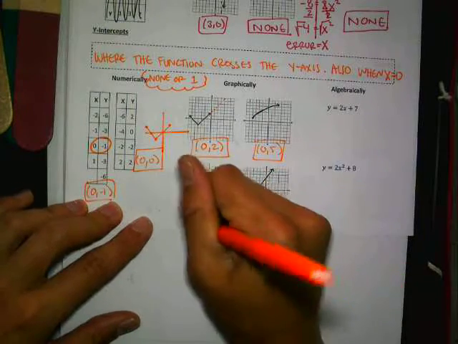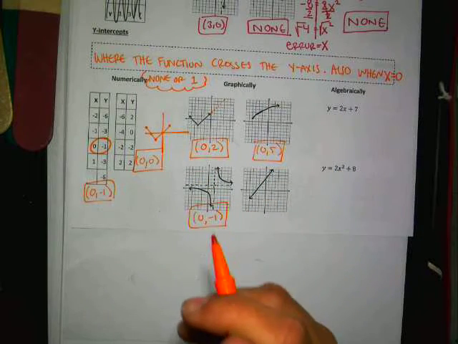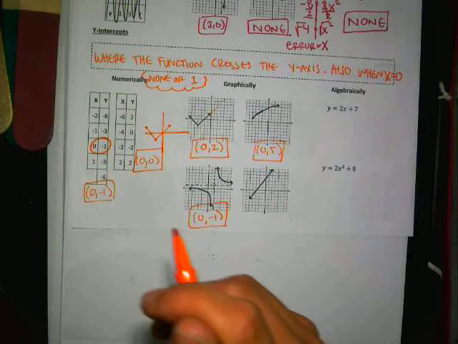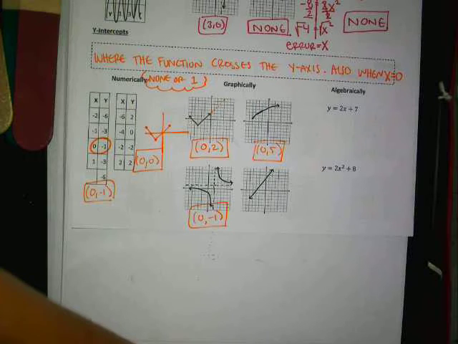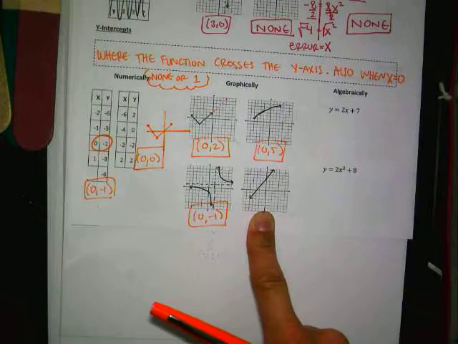Good. 0, negative 1. And Ariana, where is it crossing the y-axis here? 0, 4. Very good.